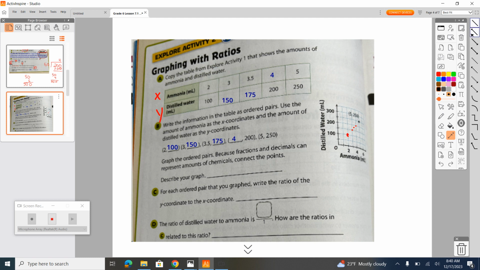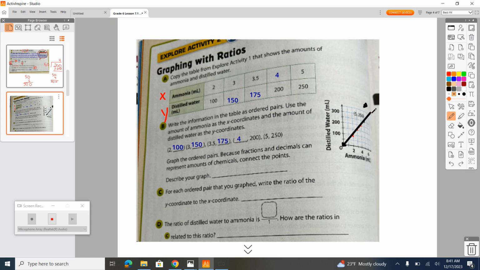Because fractions and decimals can represent amounts of chemicals, we're going to draw a line. And basically what you should see is all of these should connect. You should have an arrow here. There doesn't need to be an arrow there.